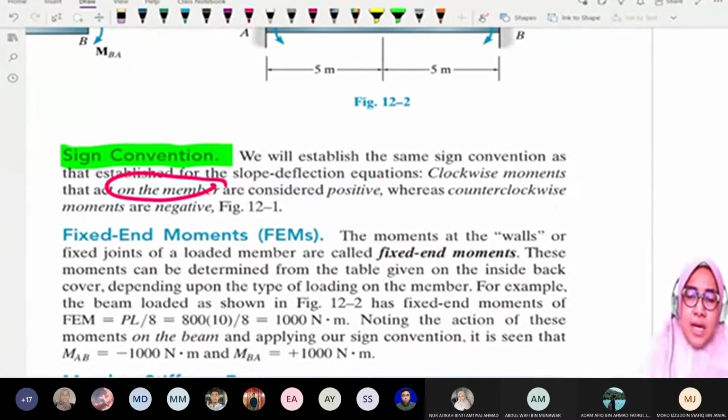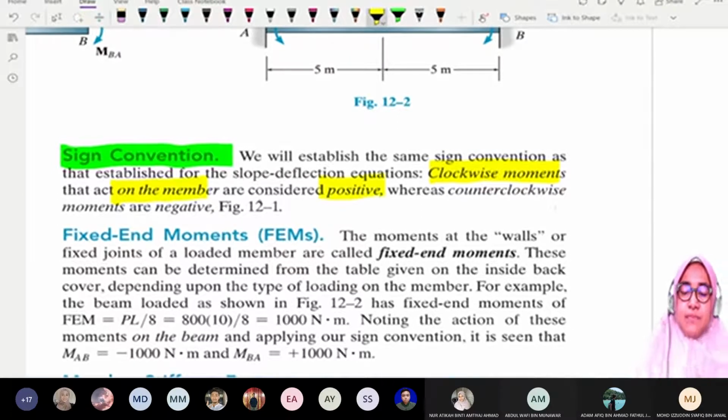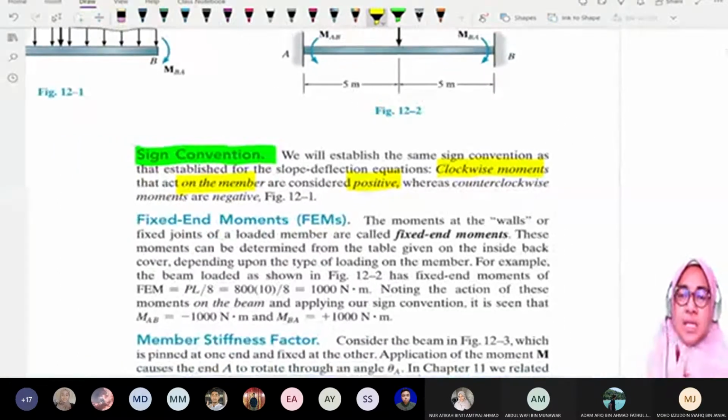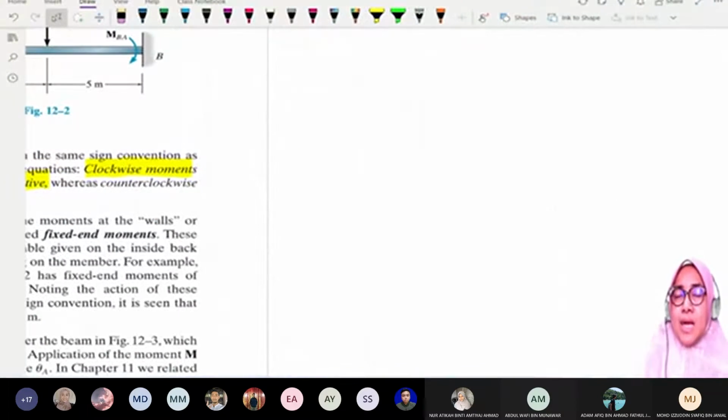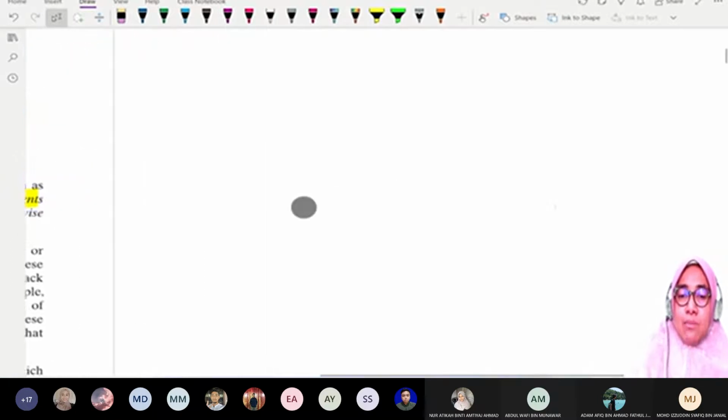These two you must remember. This is the sign convention that we always have to remember when we want to analyze a beam or frame using the moment distribution method.